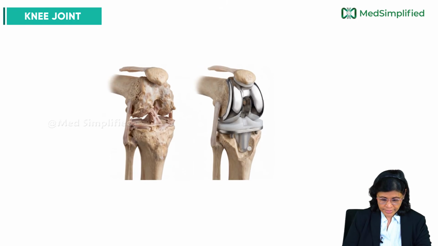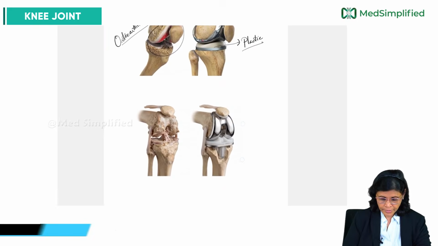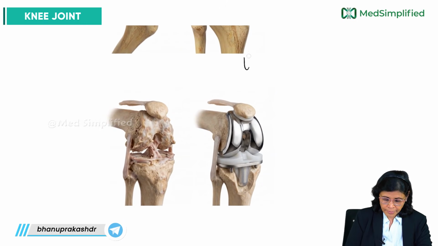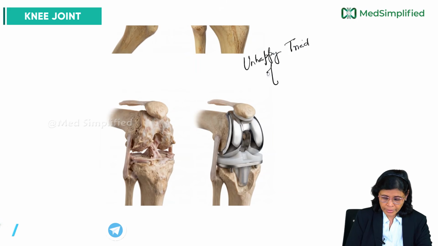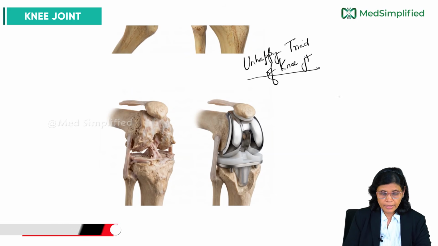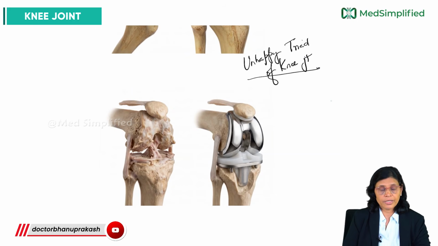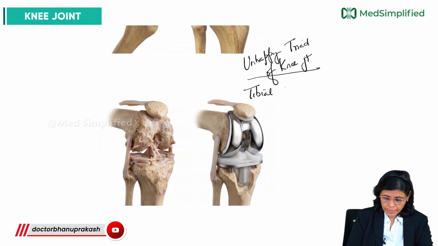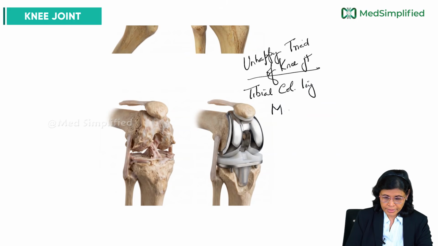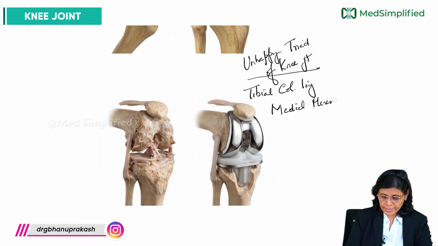Then there is something known as the unhappy triad, which you should know. What is the unhappy triad of the knee joint? It's a commonly asked MCQ question. It is a combination of three injuries, involving the tibial collateral ligament, the medial meniscus, and what do you think is the next?